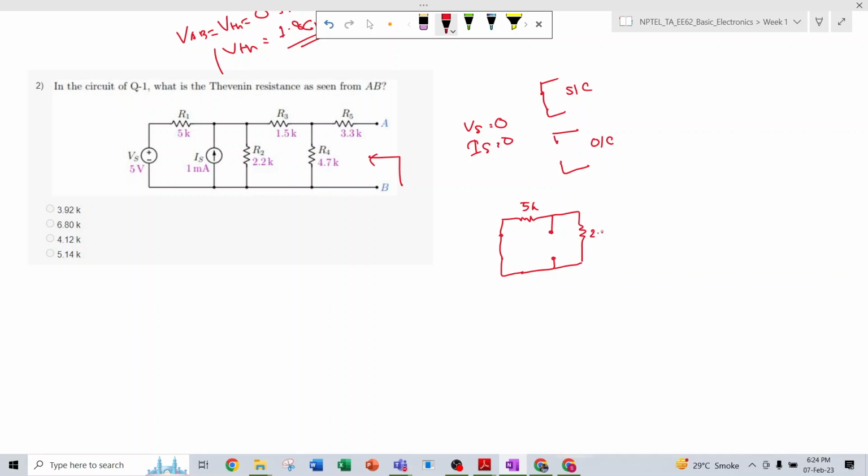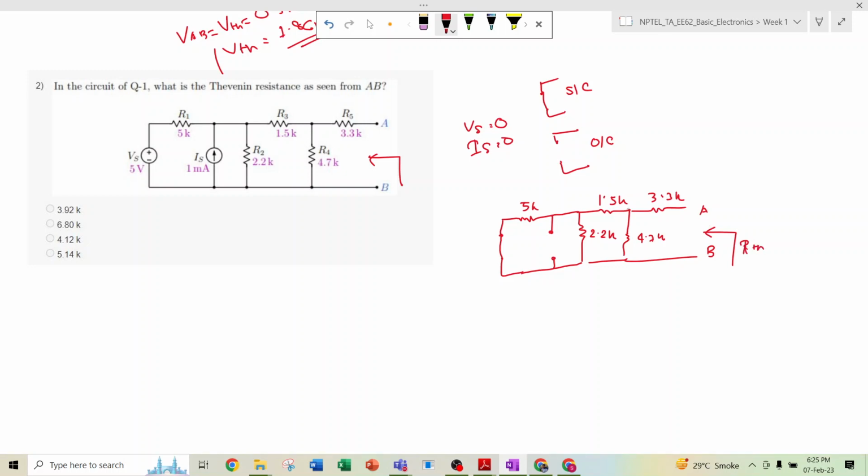Here it is 2.2 kilo ohm, here 1.5 kilo ohm, 4.7 kilo ohm, and this is 3.3 kilo ohm. So this is A and this is B. We should look from this side to find the Thevenin resistance.